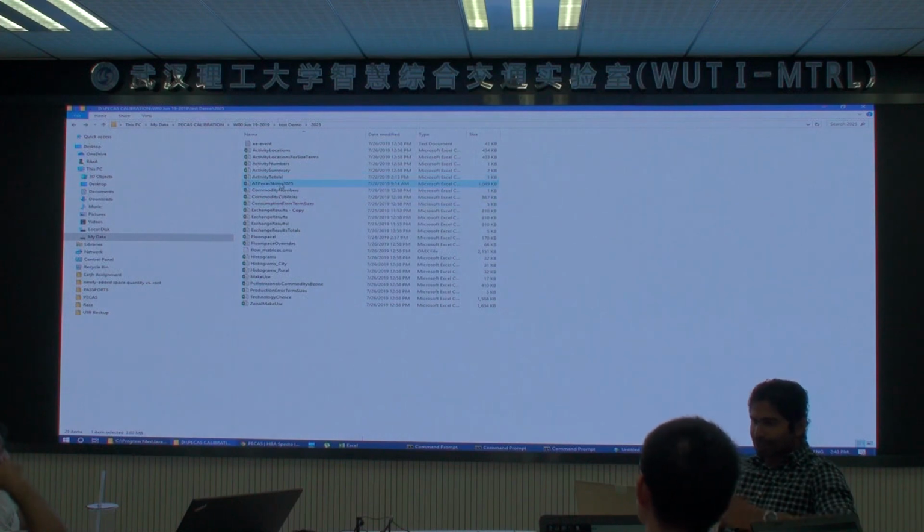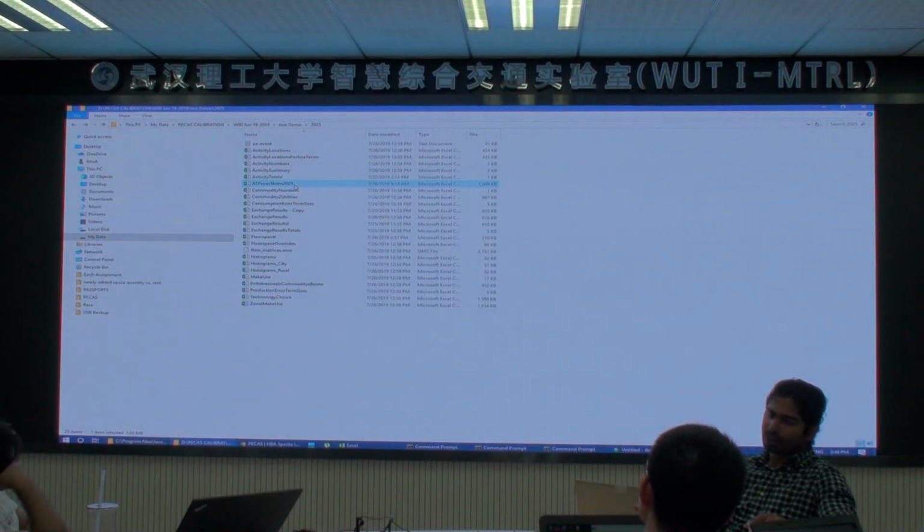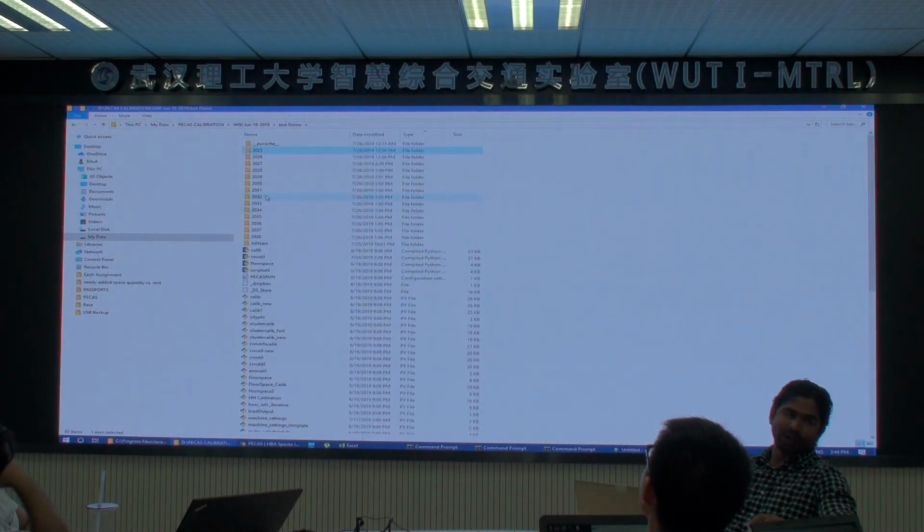And this is the schemes file, which is also an input to the model, because in the base year we can give the schemes we are going to use in the model. But if you are going to generate new schemes, for example in 2030, you are going to put the new schemes into the 2030 folder.